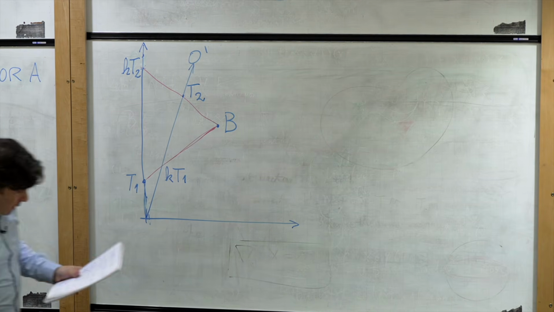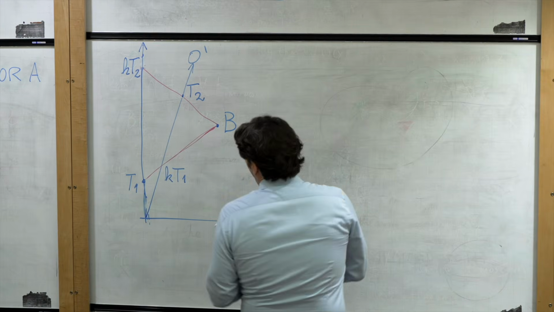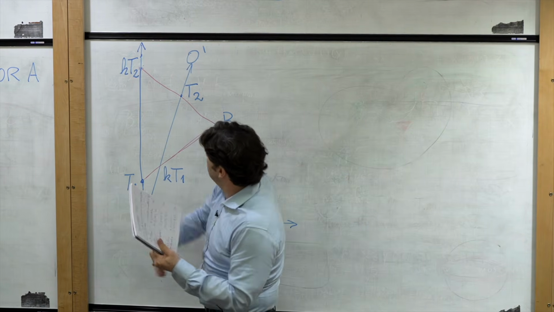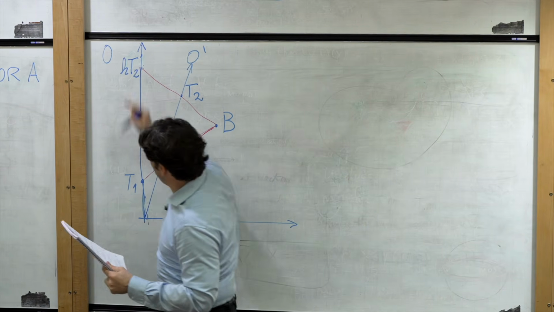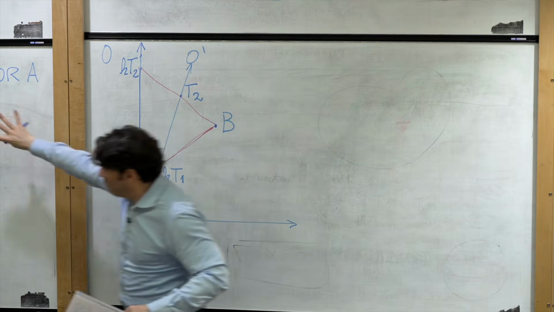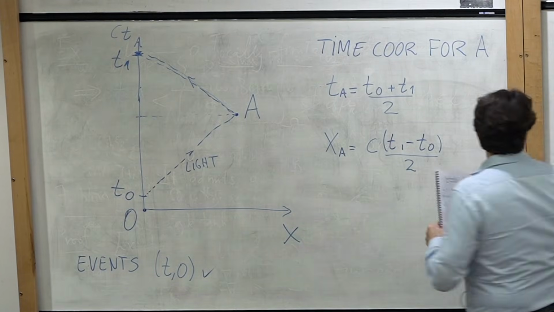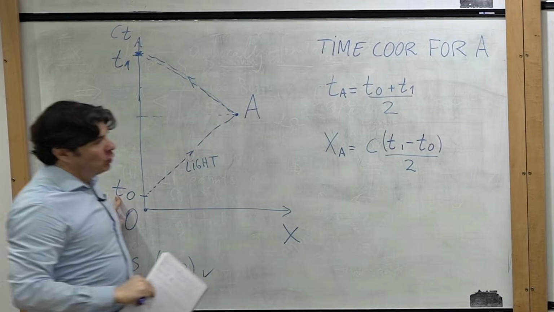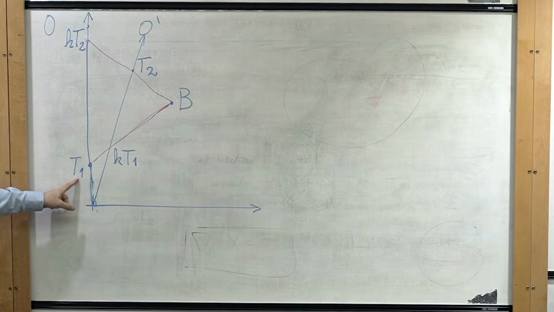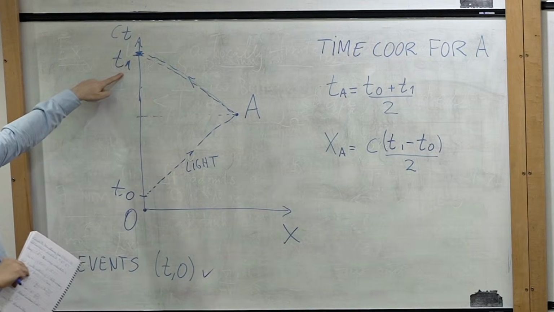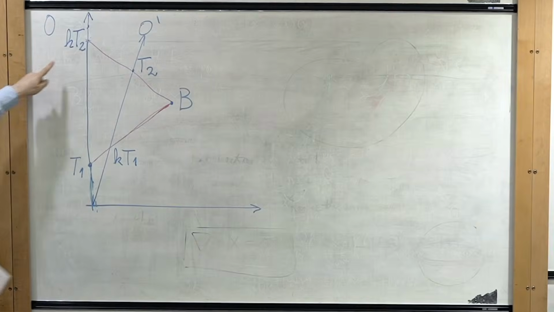So this point here will be K T2, all right? So O can use the radar method, right? Exactly the formulas that we wrote to the left, but the time sent will be T1, and the time received will be K T2, okay?